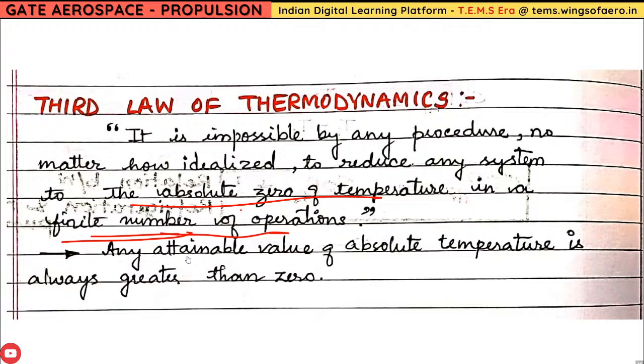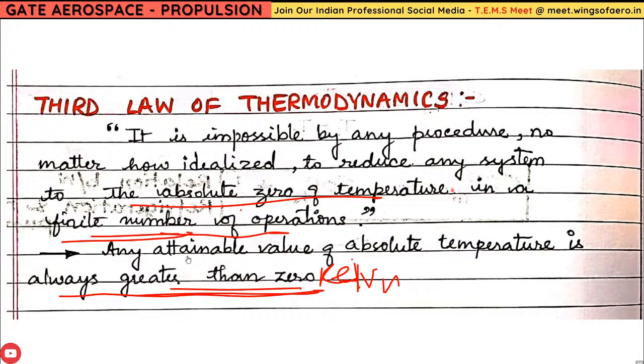It stops. The kinetic energy almost gets zero. If there is no kinetic energy, then what will happen? That means you can't do anything with that. Okay. Always the value you get should be above the absolute temperature. At least it should be above 0 Kelvin. That is the concept of the third law.